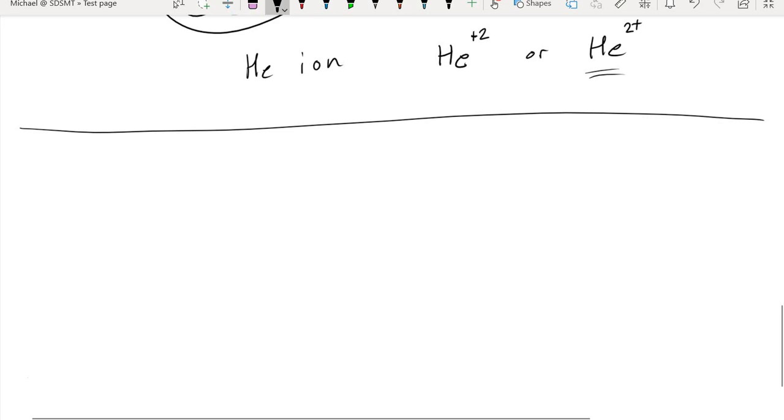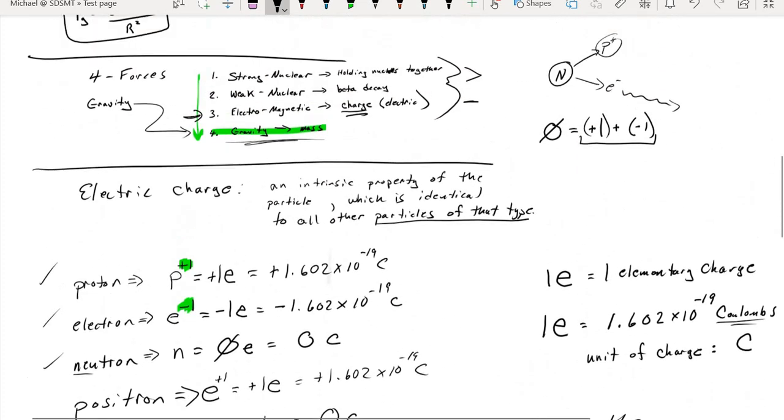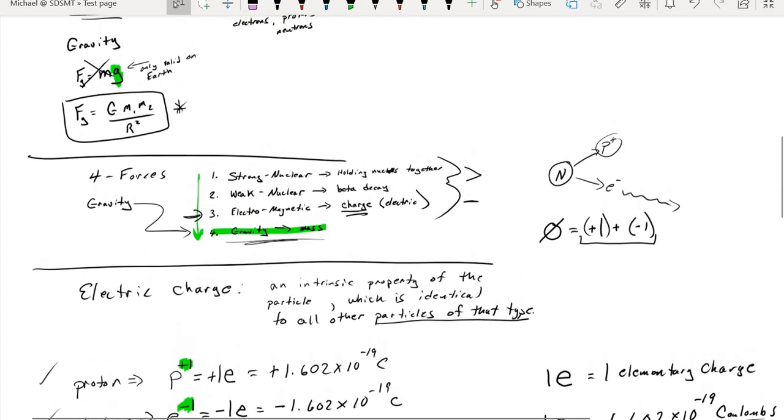So now what we need to do is figure out, well, if I have 2 particles with some charges, how are they going to interact with each other if we can't use gravity? Because gravity, like we said, these masses are just way too small that we're not going to register really any kind of effect from gravity.